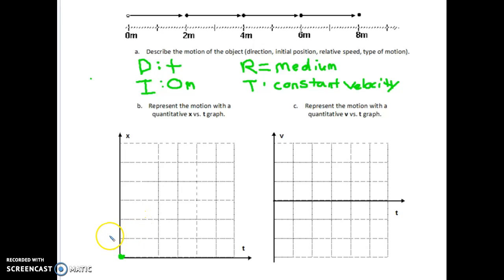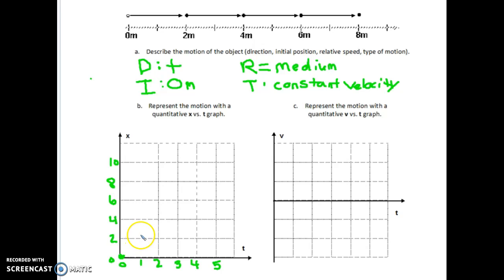Now I need to scale this first. So I'm going to say this is 2, 4, 6, 8, 10. But then down here, I don't see a dotted line there, but I know it is there. Time 1, time 2, time 3, time 4, time 5, and so on. And then 0, 0 at my origin.